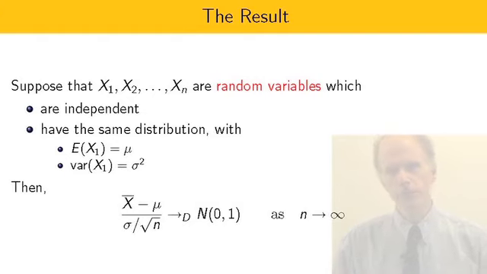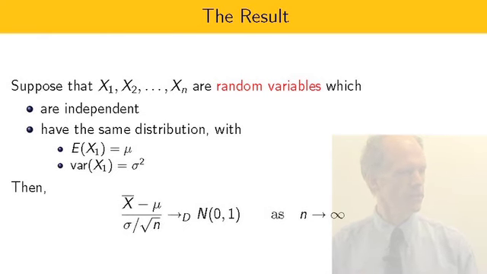It's a very powerful result. It says that for large enough samples, the sample mean is normally distributed, even if the data from which the sample mean is derived is not normally distributed. So the result formally says that (X̄ − μ) divided by σ/√n, that's standardized in that way, has a standard normal distribution, and the convergence is for sample sizes which tend to infinity.